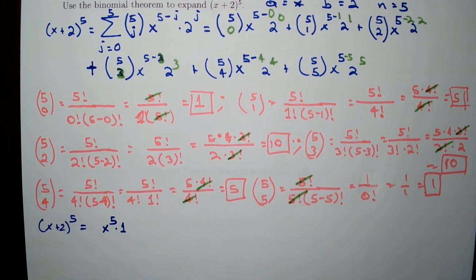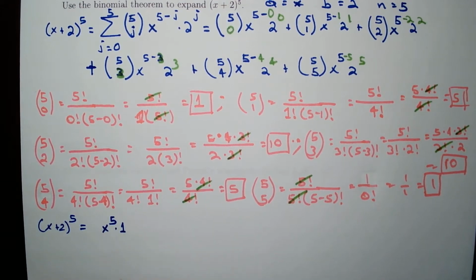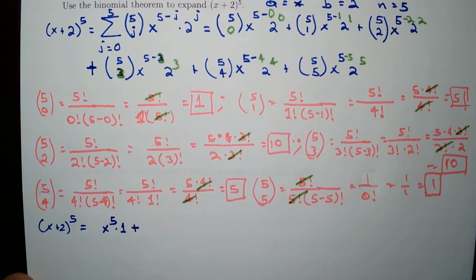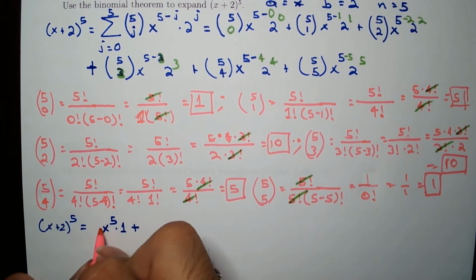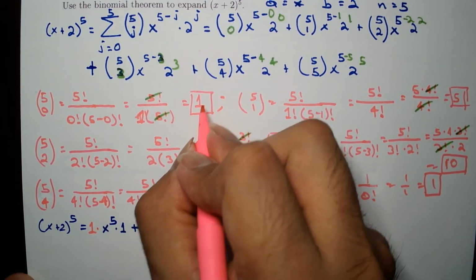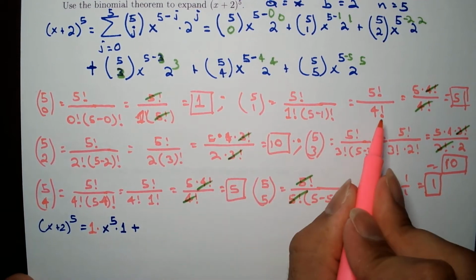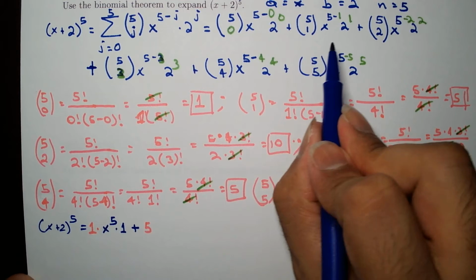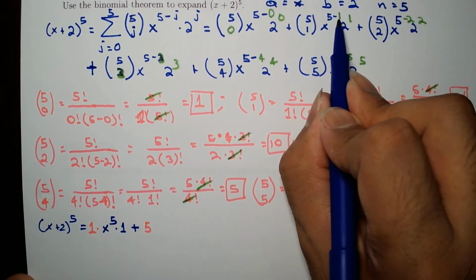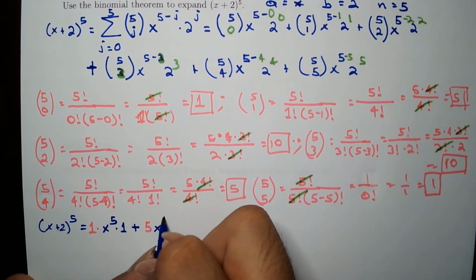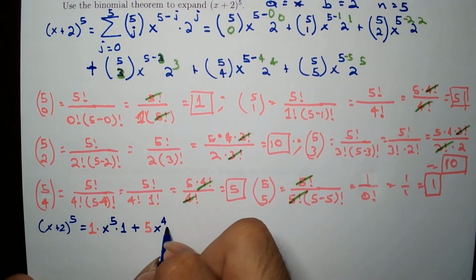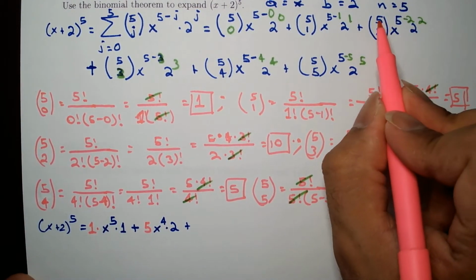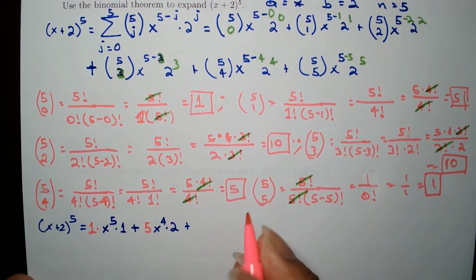So I'm just going to write that one like that. And I'm going to leave some spaces, by the way. I'll show you why in a minute. Well, actually, that's going to be the first coefficient, which is 1, right, this one right here, plus the next coefficient, which is 5. And then x to the 5 minus 1. 5 minus 1 is 4. 2 to the first is 2. Plus 5 choose 2, which in this case is 10.